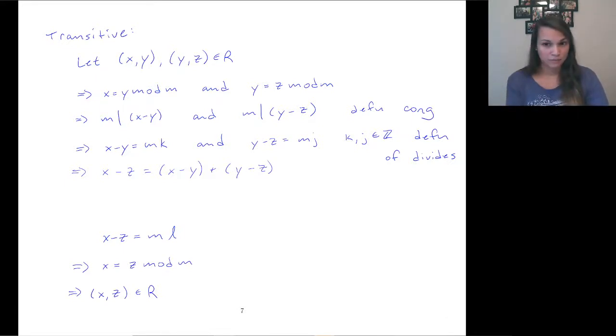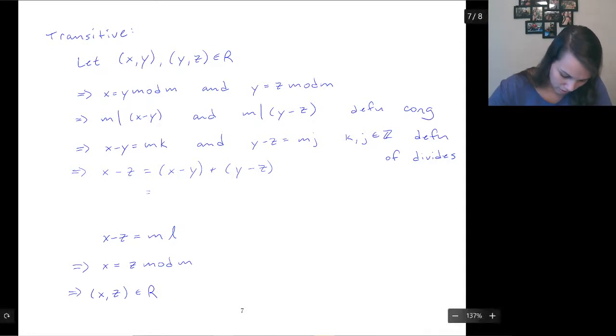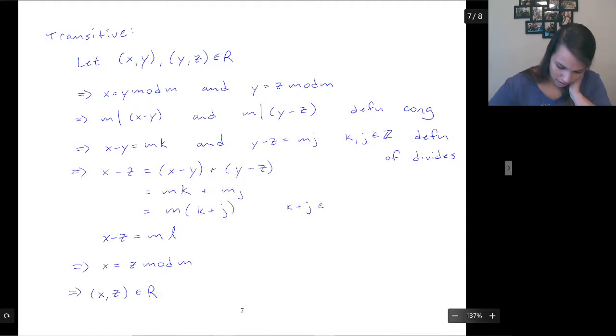And then I have something for x minus y. I know that's going to be mk. I know that was mj. So then this is going to be m times k plus j, where k plus j is an integer.